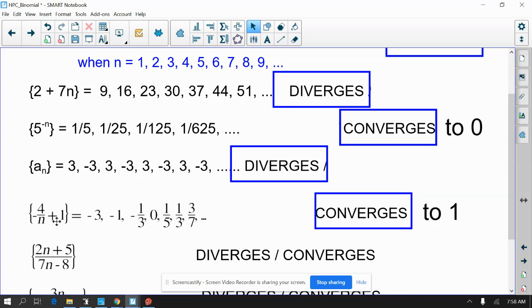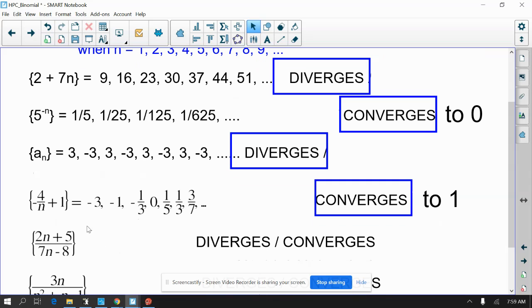If n is 1,000,000, well, -4 divided by 1,000,000 is -0.000004. And if you add 1 to that, you get 0.99996. So the bigger n gets, the closer this gets to 0. And 0 plus 1 happens to be 1. If this were plus 8, then it would have converged to 8.